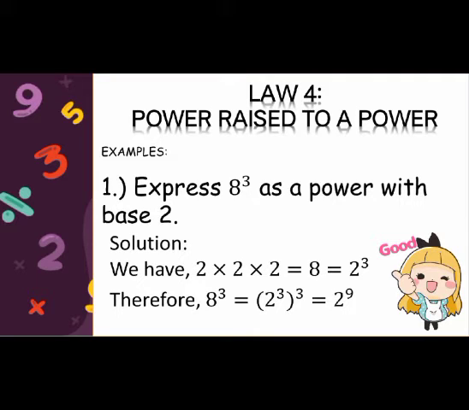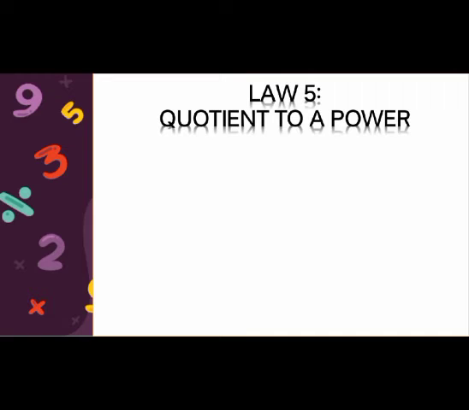And then we substitute 2 cubed for the 8. So we have 2 cubed to the power of 3. So we have 2 to the power of 9, since we're going to multiply the exponents.